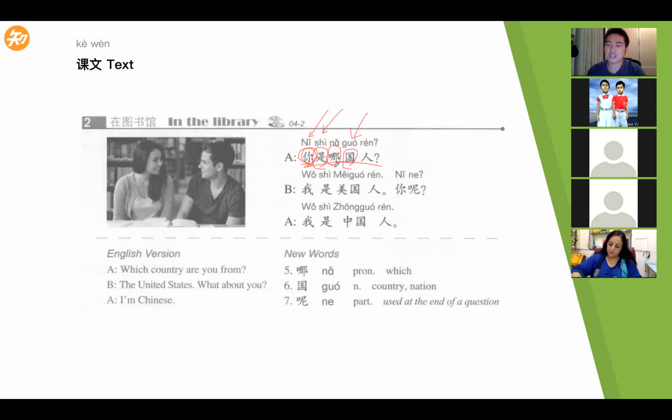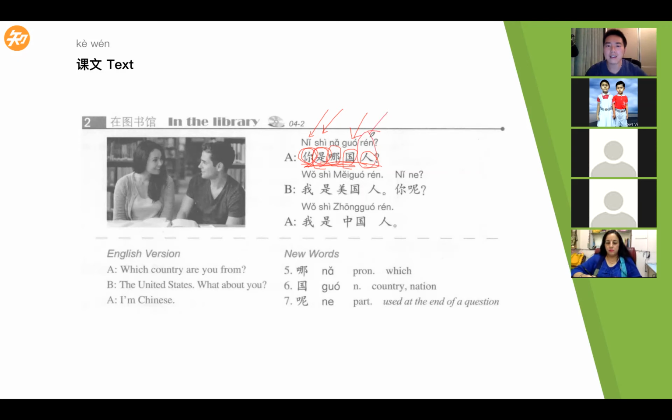Actually, also you can say where, right? Which country is still where, right? Yeah. So 人, ren, means people. So pay attention. You cannot say 你是哪国 here because you is a person, 国 is a country. Then we should not use to be to connect a person and a country. So you have to add 人 here.